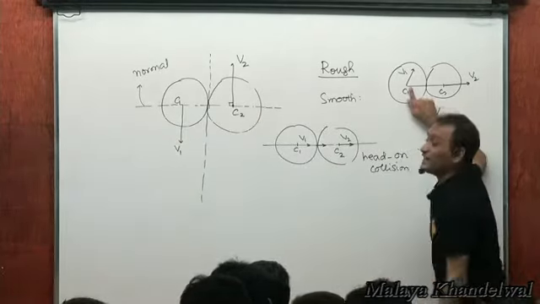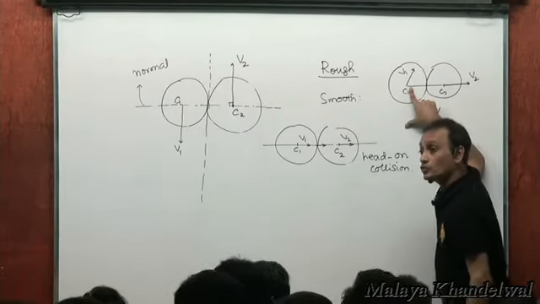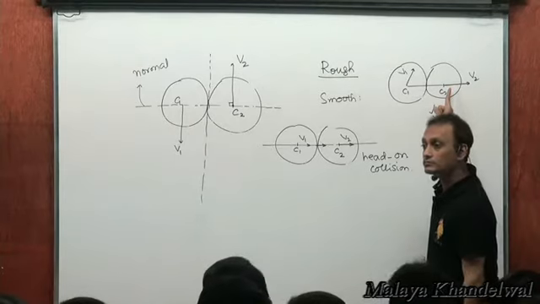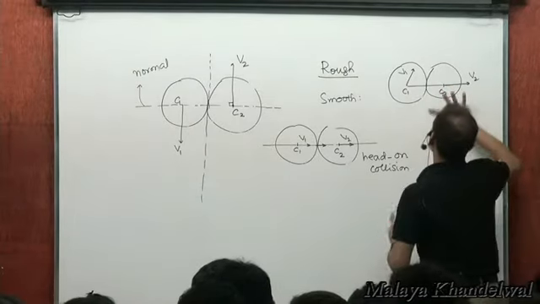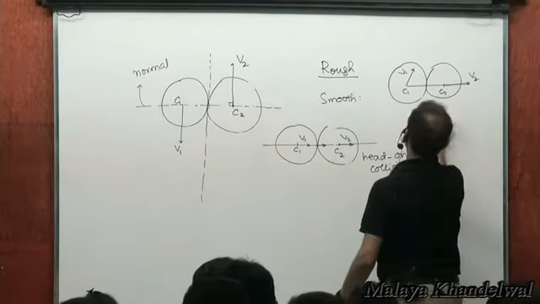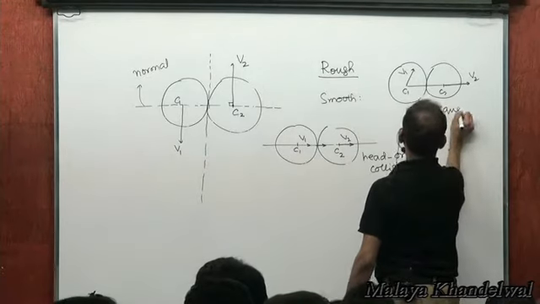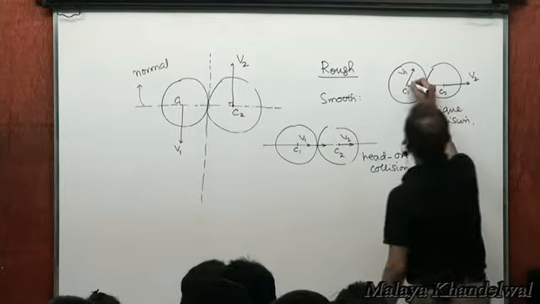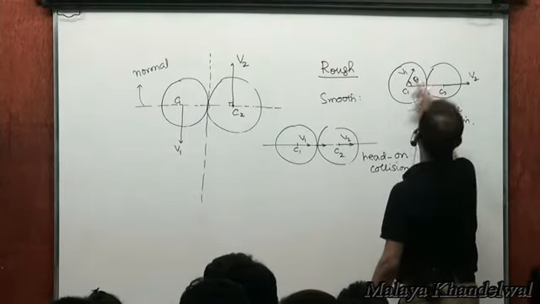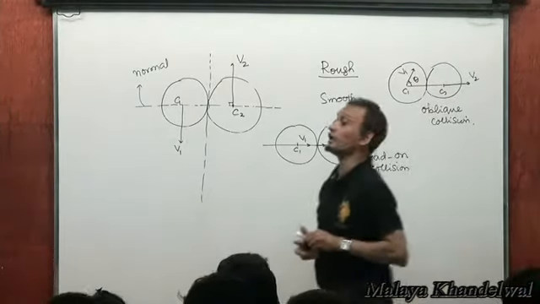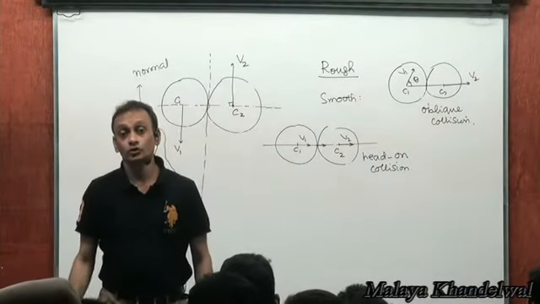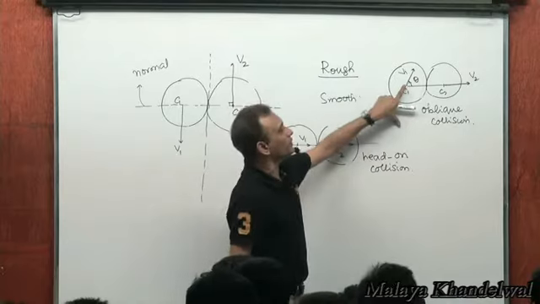If the velocity of at least one particle is not along the line joining their centers, then this collision is called an oblique collision. If the velocity of at least one particle is inclined to the line joining the two centers, where theta is not 90 degrees.